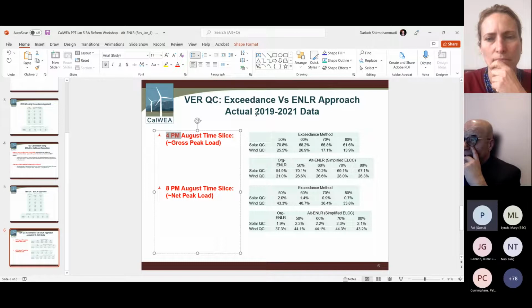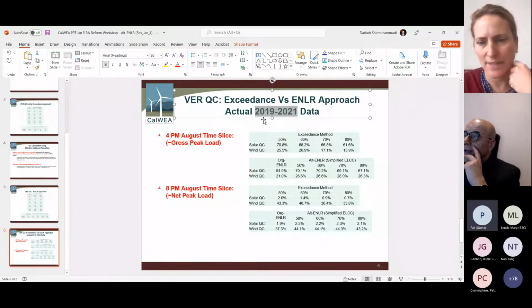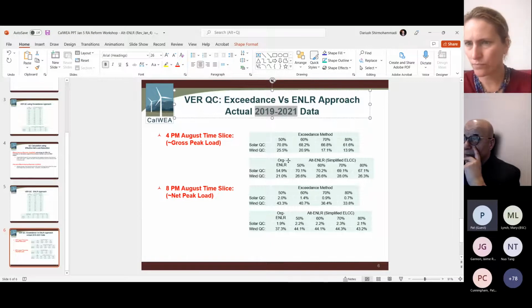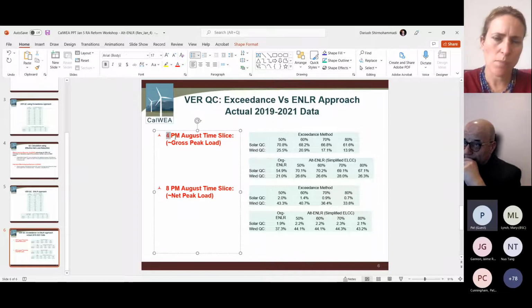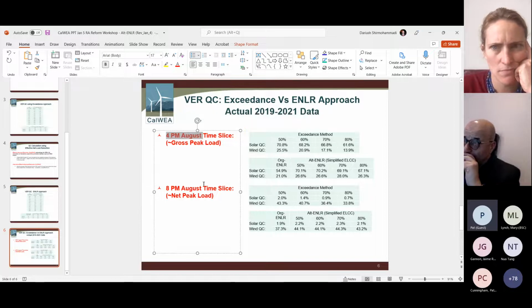So if I'm looking at years 2019 to 2021, I'm assuming you can see my screen, correct? Yes. Okay. I have 93 samples, and I'm looking at 4 p.m. of August. One slice, which is 4 p.m. of August, I have 93 samples.